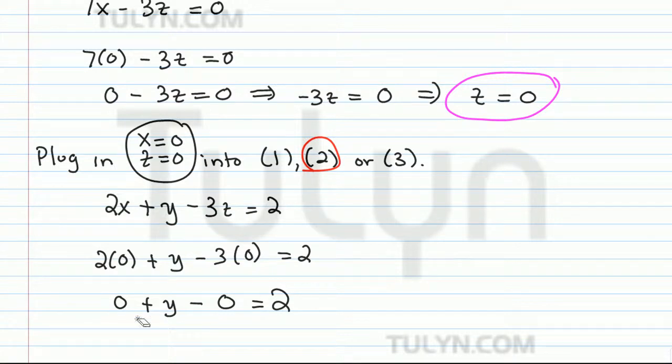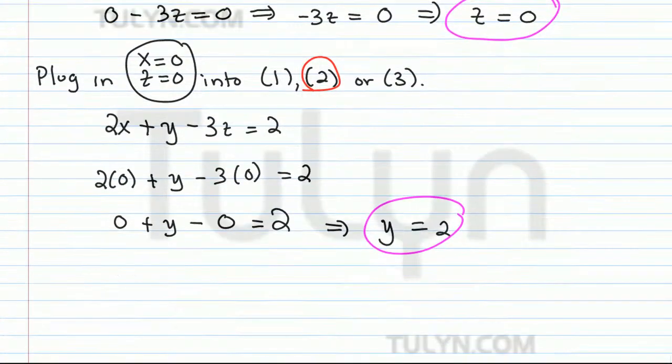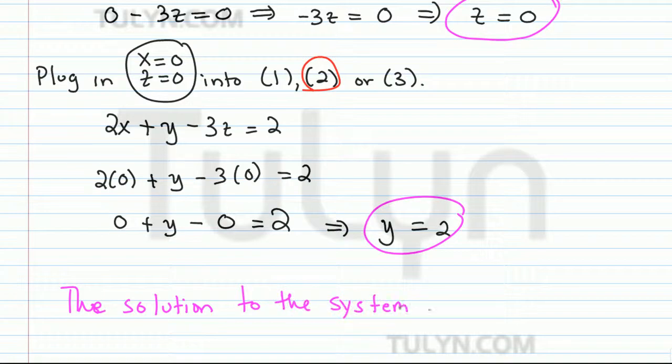Simplifying this further, we have that y is equal to 2. So now we have our x, our y, and our z, and we want to write our solution as the ordered triple x comma y comma z. The solution to the system is x, which is 0, comma y, which is 2, comma z, which is 0. And that is the solution.